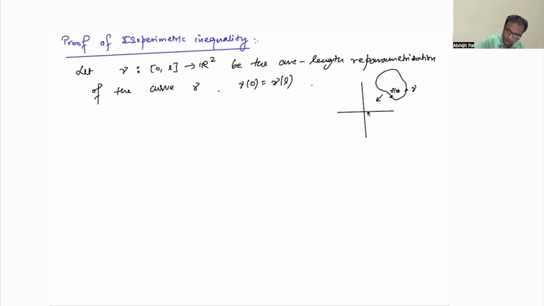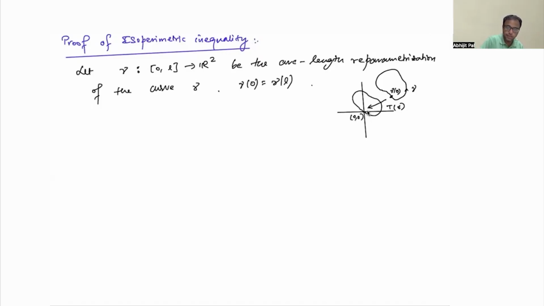We can apply a translation so that this gamma starts from the origin. So if I apply a translation, I can move this gamma here, such that gamma(0) comes to the origin.